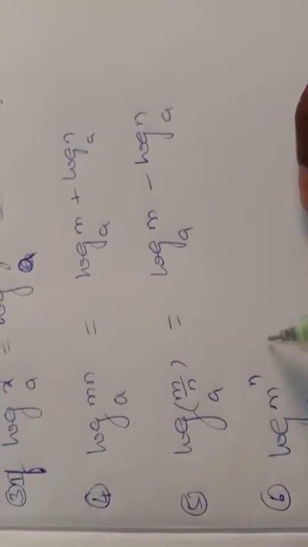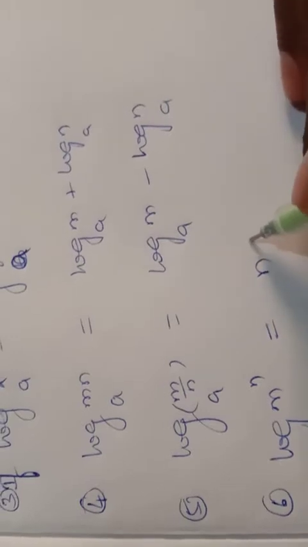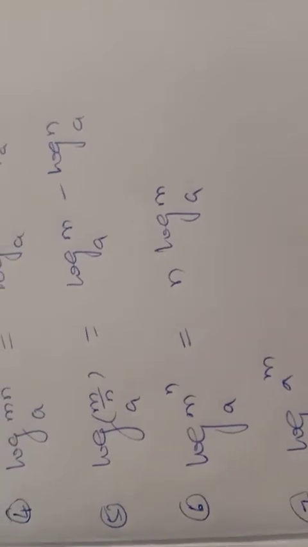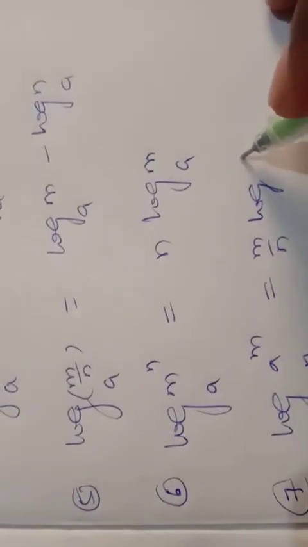And next one, log m to the power of n base a equal to n log m base a, and log a to the power of m and b to the power of n equal to log m by n into log a base b.